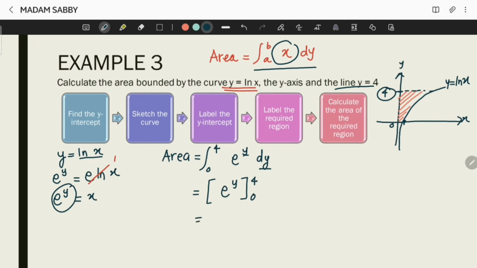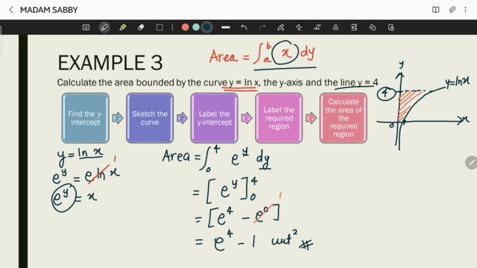When y equals 4, it is e to the power of 4. When y equals 0, it becomes e to the power of 0, and as we all know, e to the power of 0 is 1. So we can simplify our answer as e to the power of 4 minus 1 unit square.